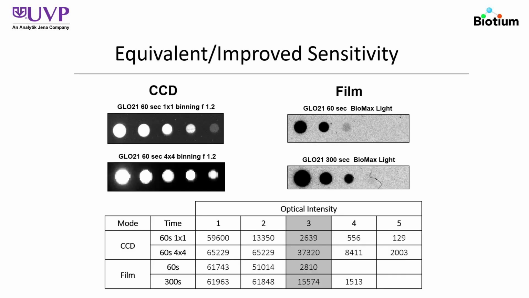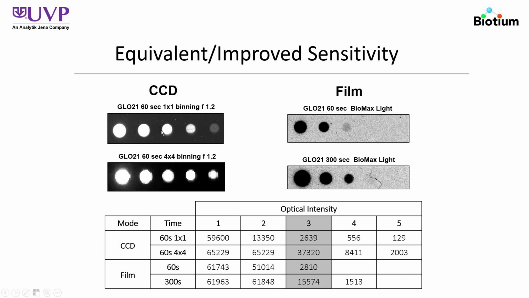Now just to illustrate how important it is to be able to use CCD digital imaging techniques as opposed to film, I want to show an example of this using a standard light source. This is a gaseous tritium light source with 5 different apertures.